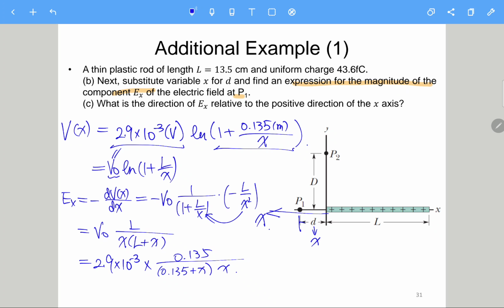So this is the expression for E sub x. So next, what is the direction of the E relative to the positive direction of the x-axis? So actually, you can simply imagine that for part C, it should point to the left side.